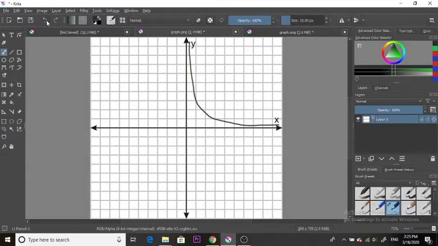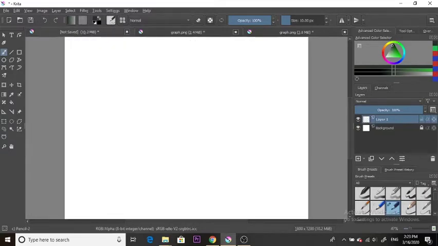Now, of course, we're going to be mostly working with the transformed rational function. The form is basically this. You have your a, then you have a b, and then your x minus h underneath the fraction, and then your k is completely separate.